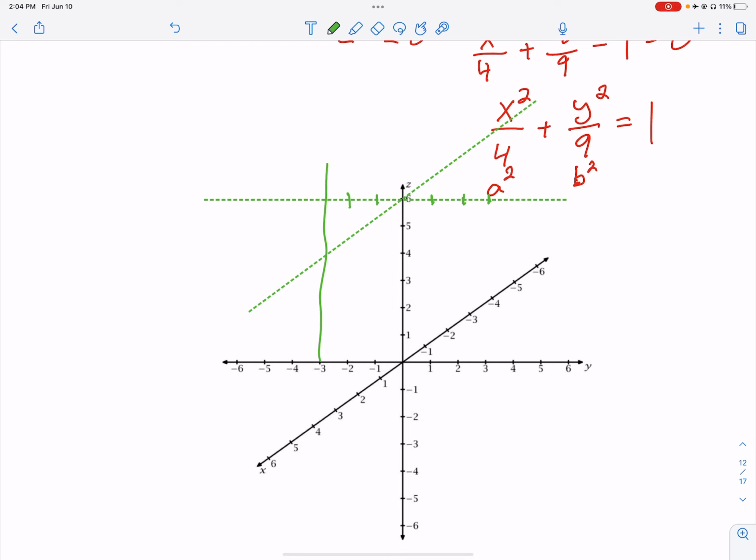You could do up and down ruling if you wanted to. I only need 2 in that direction.